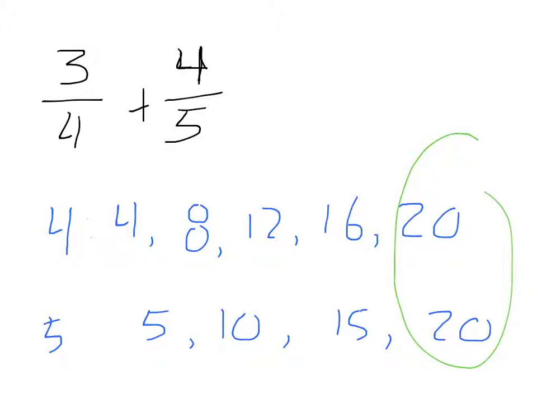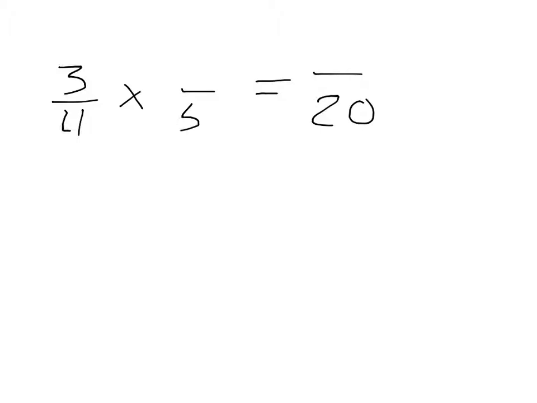So, how do we take 3/4 into 20? Okay, we can do 20 divided by 4 if we want, which is 5, and multiply. What we do to the bottom, we have to do the top, and then multiply. 3 times 5 is 15.